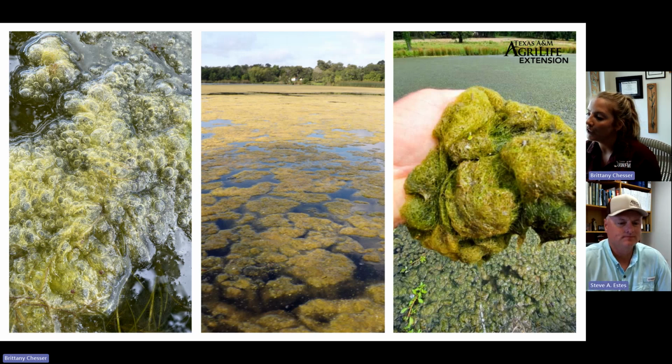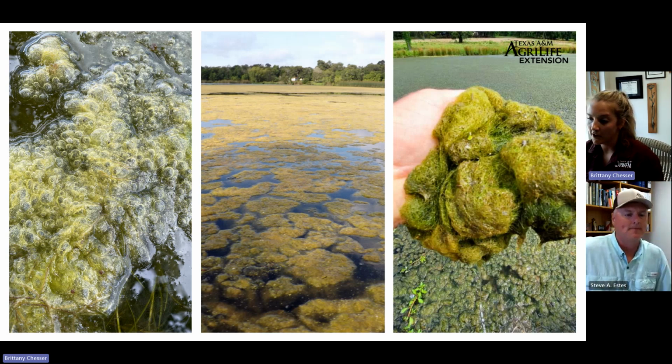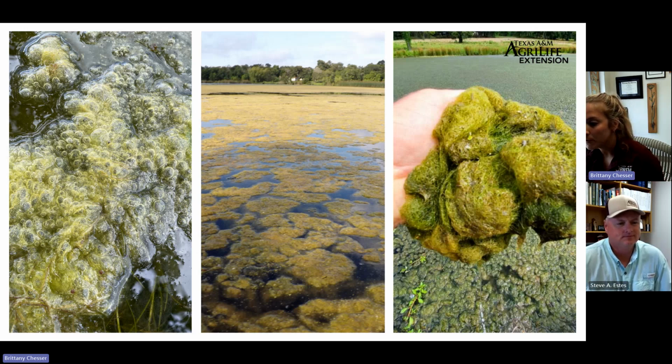And so when we start talking about filamentous algae and really just aquatic vegetation as a whole, our toolbox is very limited. Yes, you can use some type of physical or mechanical control to remove these mats. It's very heavy. This vegetation can be 4 to 6 tons per acre or more.